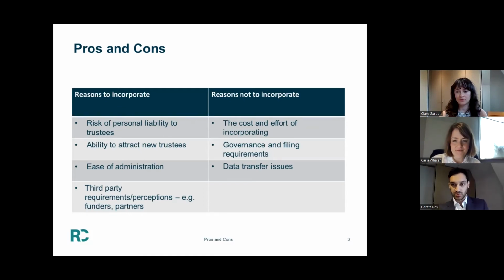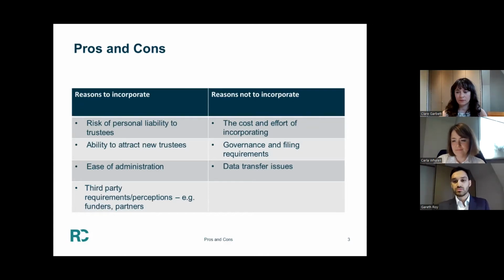Of course, a sensible trustee board should always consider both sides of the coin, and therefore reasons why incorporating might not be the best thing for a charity on occasion. The key thing to consider is the amount of resource and cost that will be involved in incorporating the charity. This will vary quite a bit depending on the size of the charity and the complexity of its assets and liabilities. So there needs to be a bit of an exercise to work that out at the outset.